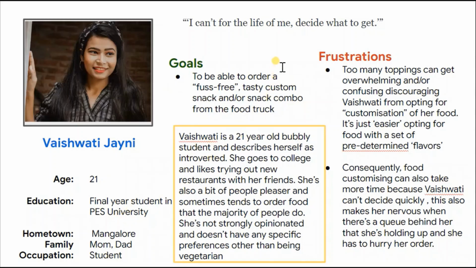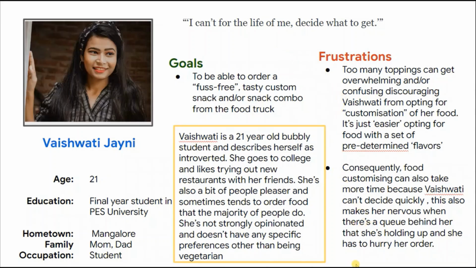She's a college student, and she likes to try out different things, but the whole process of customizing her food from scratch puts her in an overwhelming and confusing position, because she feels it's better to choose from a bunch of catered meals with certain options, rather than have to build the entire dish from scratch with a lot of options to choose from at every stage of the process.